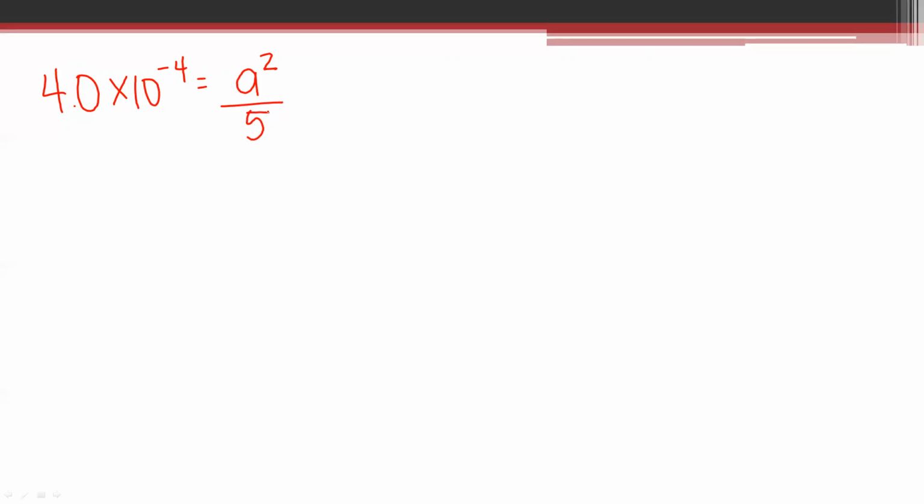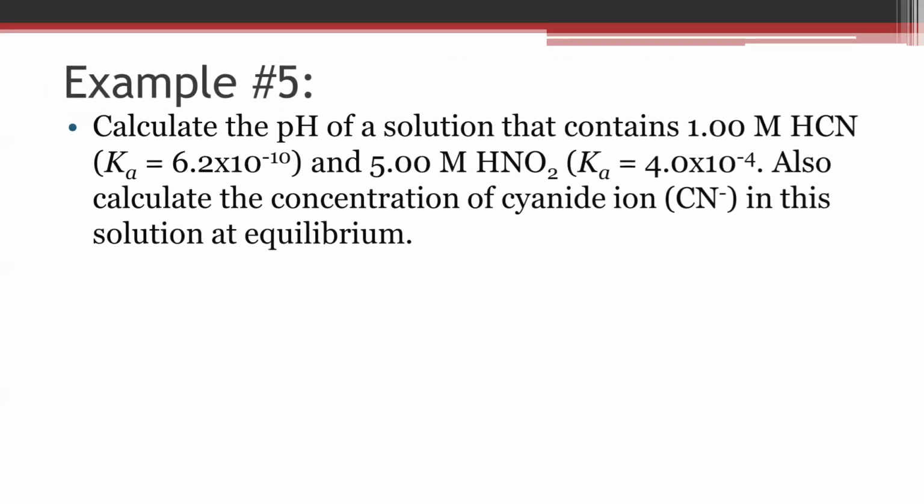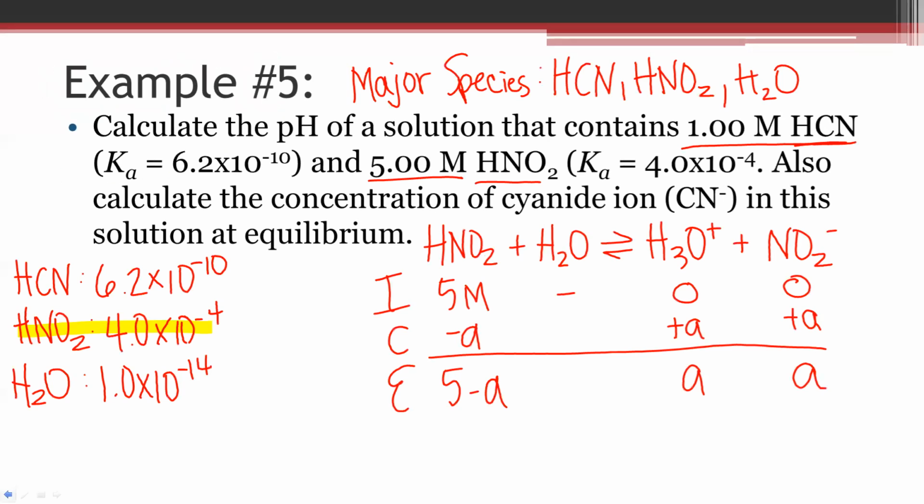Okay, so then to shorten it a little bit, I solved for A, and I got 4.5 times 10 to the negative 2. So this is our molarity, which, if we look back at our ICE chart, is the concentration of the hydronium.